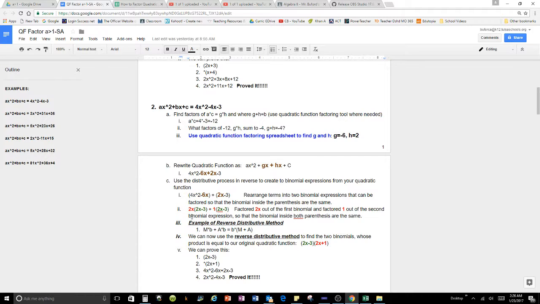The m represents 2x. The a represents 1. And what we can do is pull the b out and multiply it times m plus a. The same way here, we can pull the 2x minus 3 out like we did here, which leaves behind 2x plus 1.